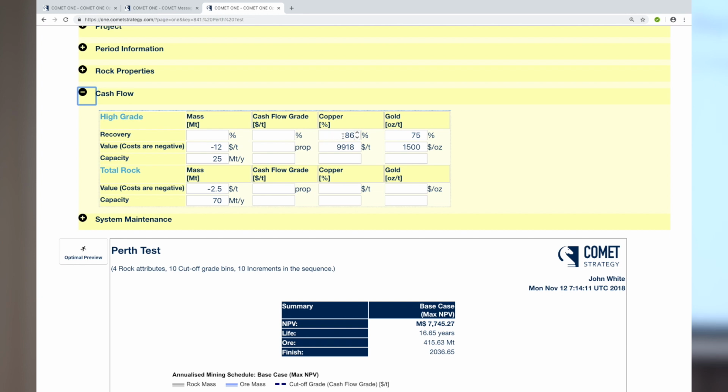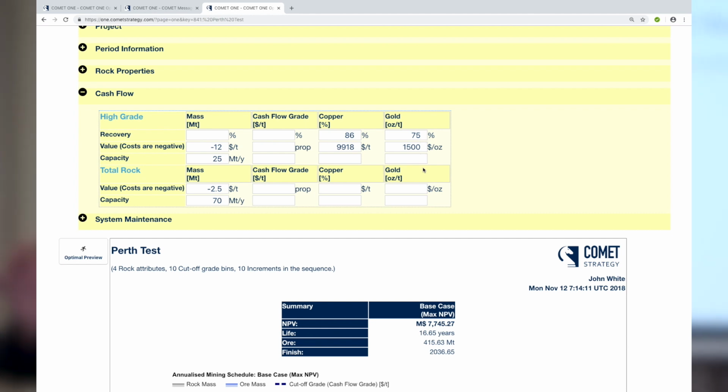Then for every bit of copper that comes out, we're going to recover 86% of it, and this is how many dollars per tonne revenue we're going to get for the recovered copper. And likewise for the gold, we're only going to get 75% of that, and that's $1,500 an ounce for the gold.